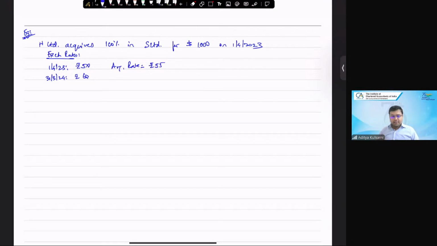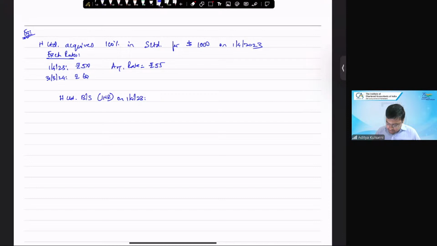Right now, let us just try to understand the concept before we move on to solve it. So H Limited's balance sheet is obviously in INR on 1/4/23.